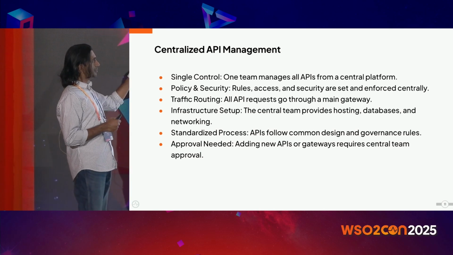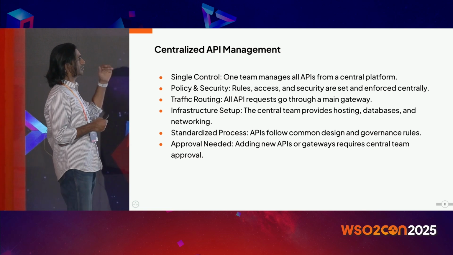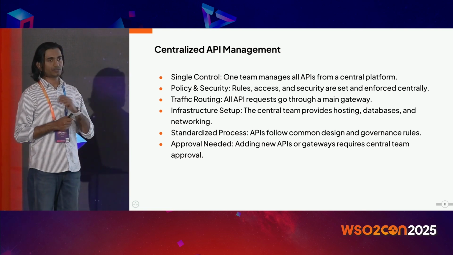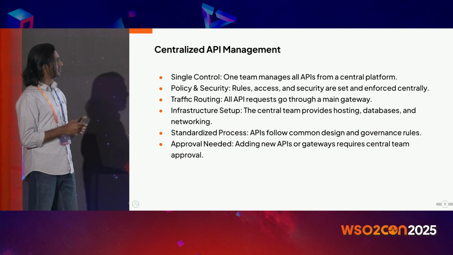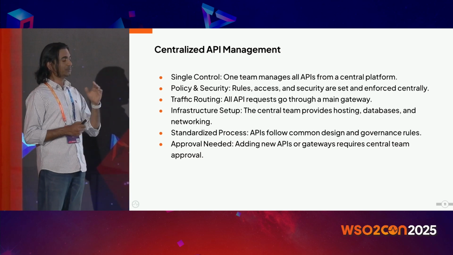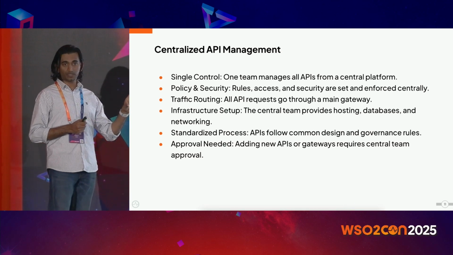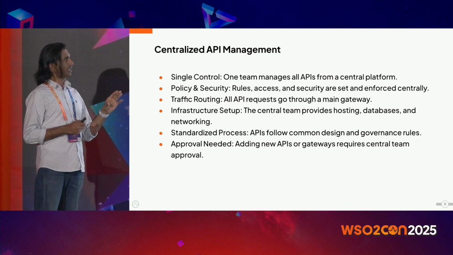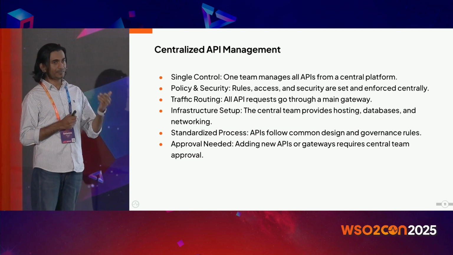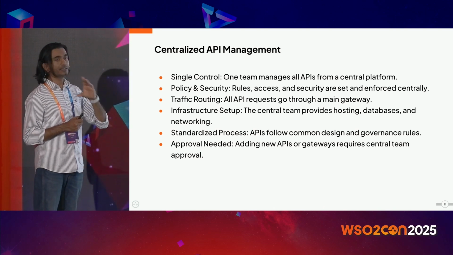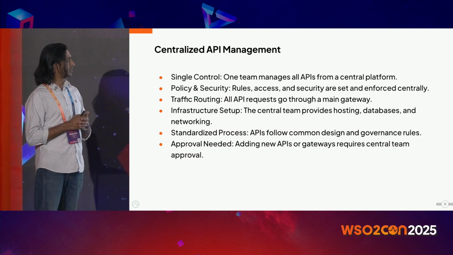Centralized API management's main characteristic is that you have a single control plane, so all these things happen with the single control plane. When it comes to policy and security, all these things are unified across all the business units. They can use them, but they are defined and governed by one single entity, which is usually the API team.